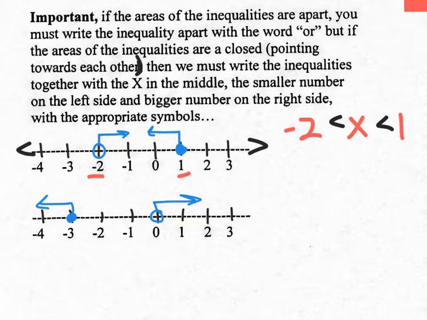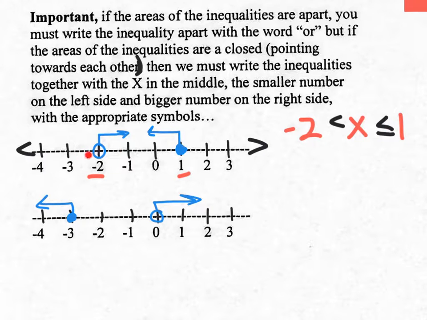Okay? Now, the only difference is that this one's open, so at -2 I'm not going to have a solid line underneath it. This one's closed, so I'm definitely going to put a solid line underneath it. Now you're probably thinking, why am I always going to put less than symbols right here and right here?